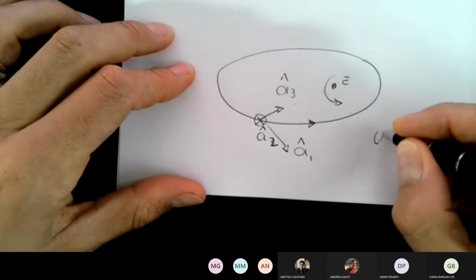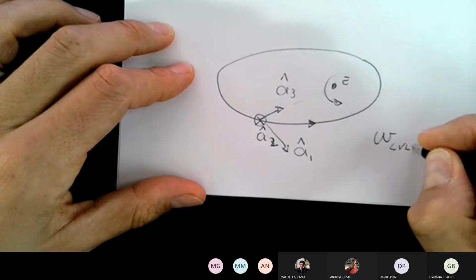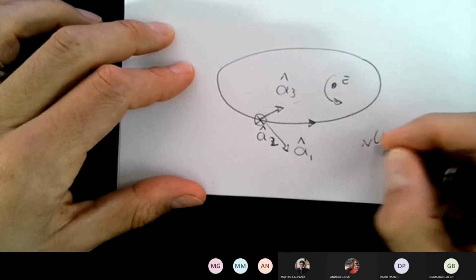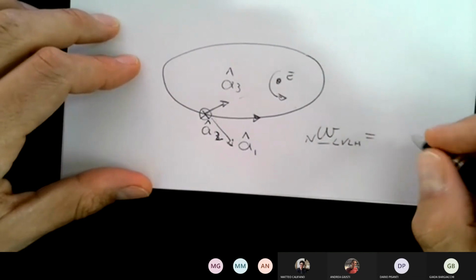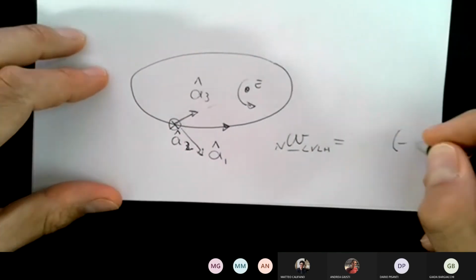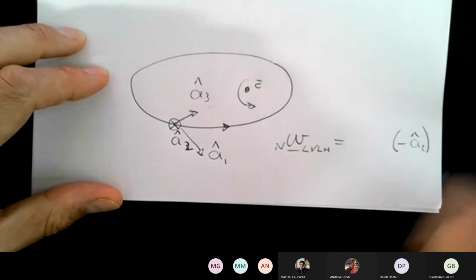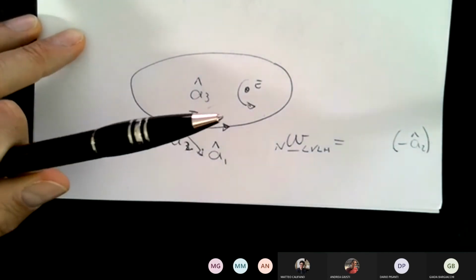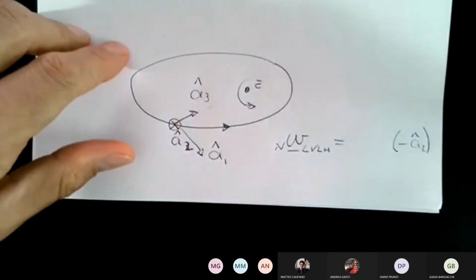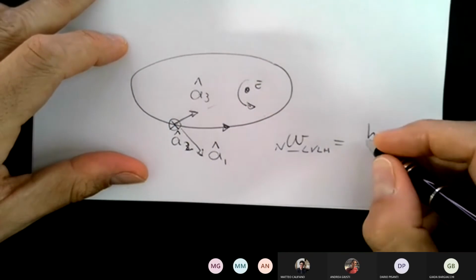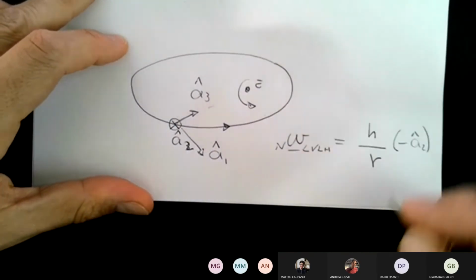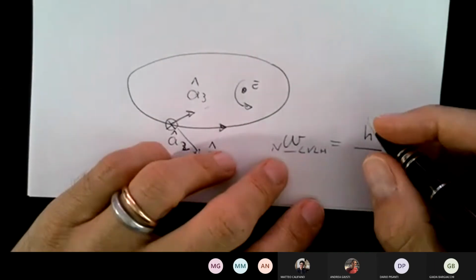And so the omega of LVLH with respect to the inertial observer, if you like, will definitely be in the direction of minus A2. And the norm of it changes. That's why it's inside the function that can update. It's H over R squared.